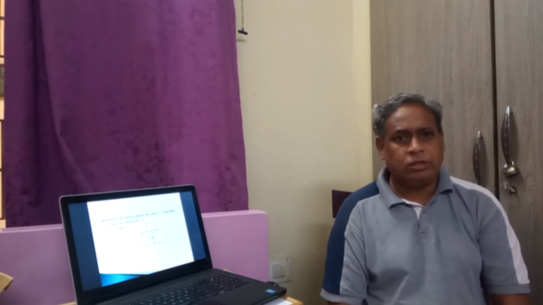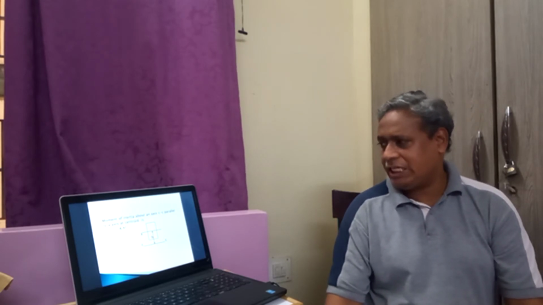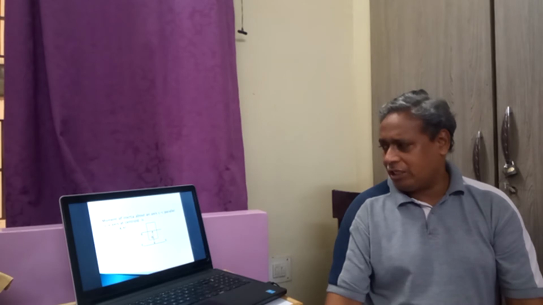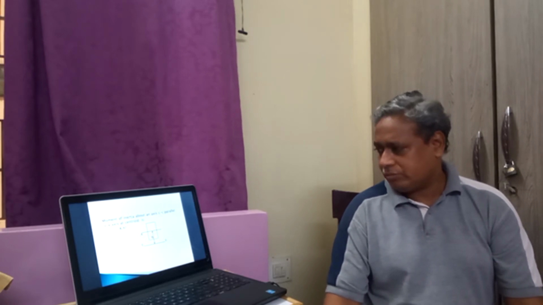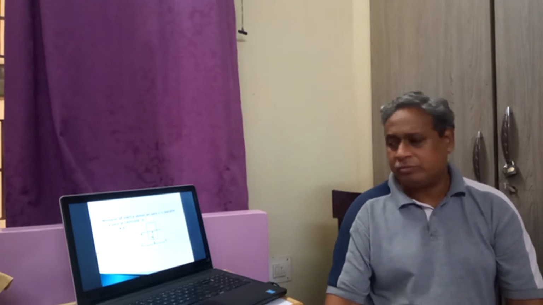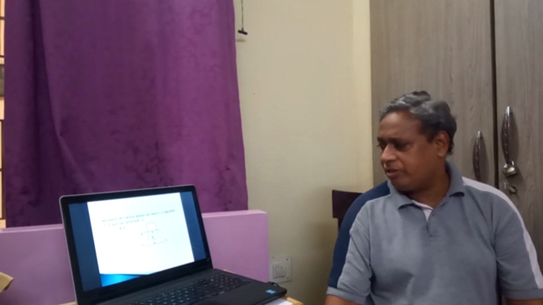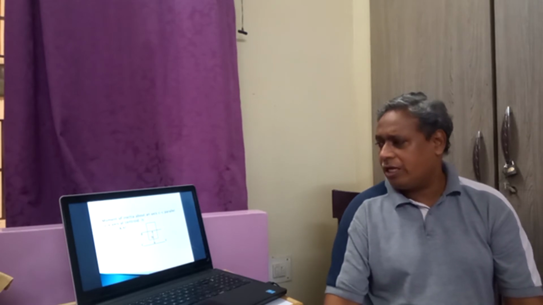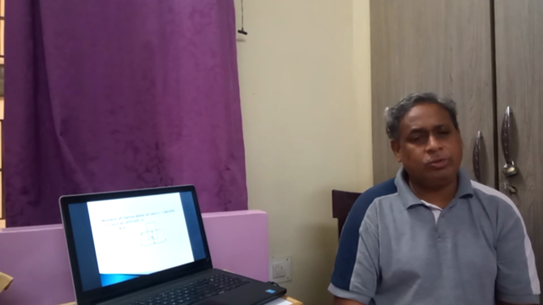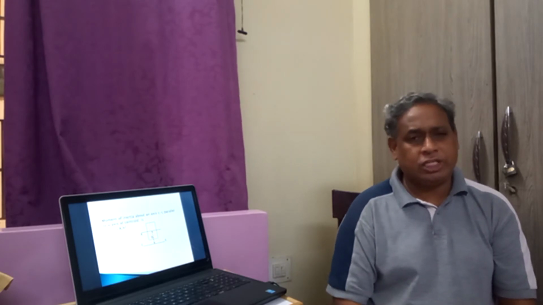axis theorem, it says that the moment of inertia about the new axis CC is equal to the moment of inertia about the x-axis at the centroid plus area into the distance square between the centroidal axis and the new axis. The distance between the centroidal axis and the new axis is h, the area is A. Therefore an additional moment of inertia of Ah square will be added to the moment of inertia we got at the centroid.